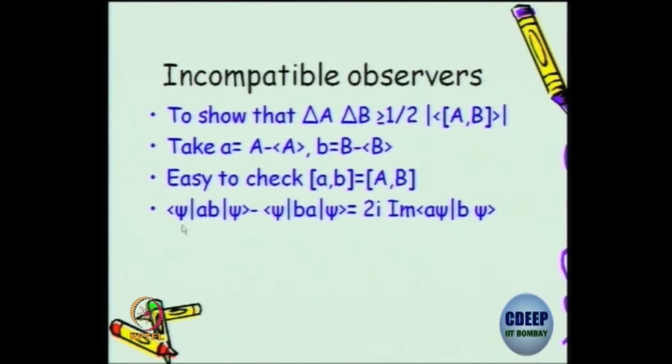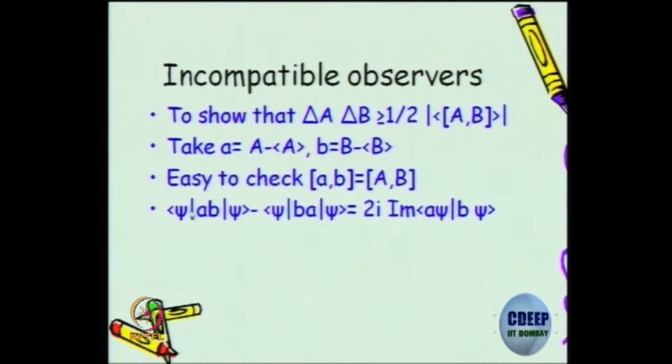Then you can also use the fact that if you take the matrix element of the little a b operator between some arbitrary state psi, and you interchange that, it is nothing but the commutator bracket evaluated as an expectation value, right? This step you can verify. You can write A with psi as some phi, B with psi as some chi, and then this will be the star of it.